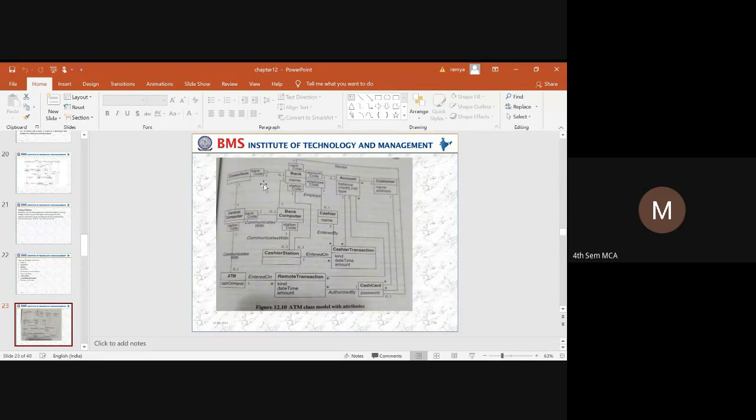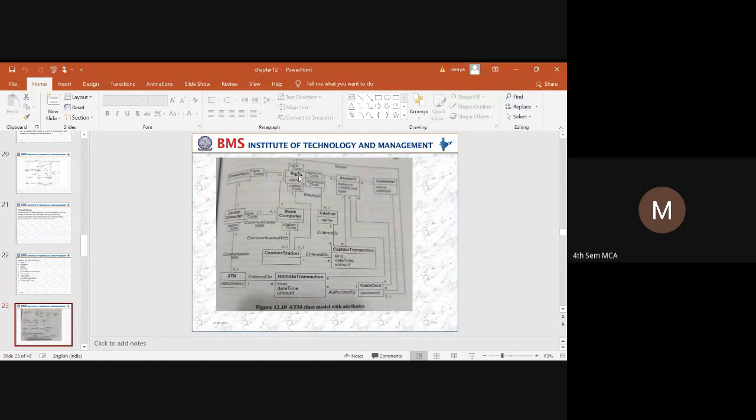Now you can see here the bank, we have a class called consortium. For this consortium, we are taking a bank code as a qualified attribute. So one bank code can be considered for 0 to 1 bank. That means one bank has one unique code.